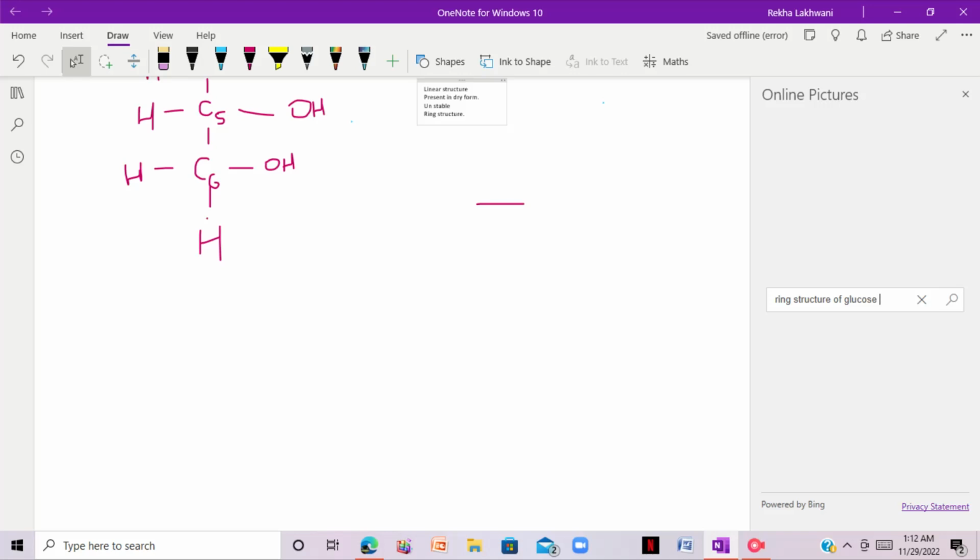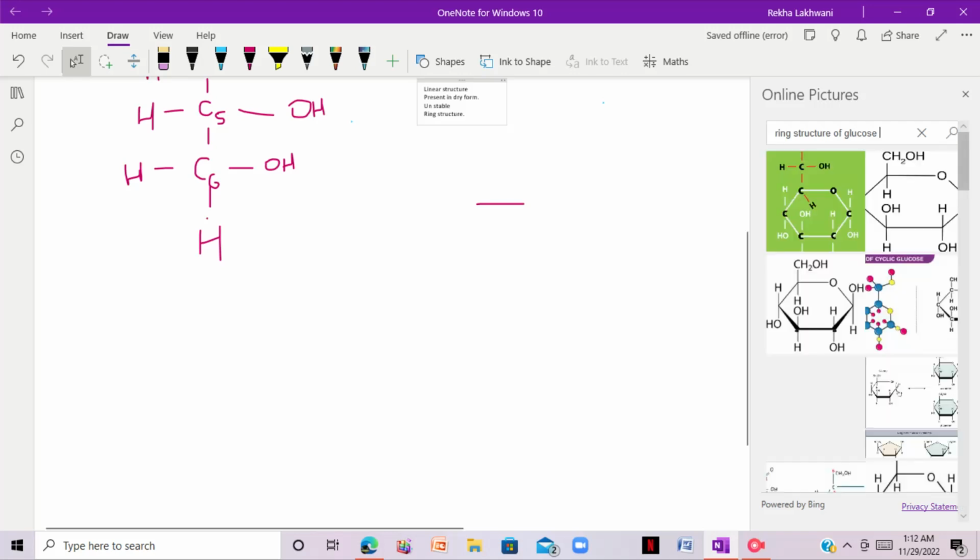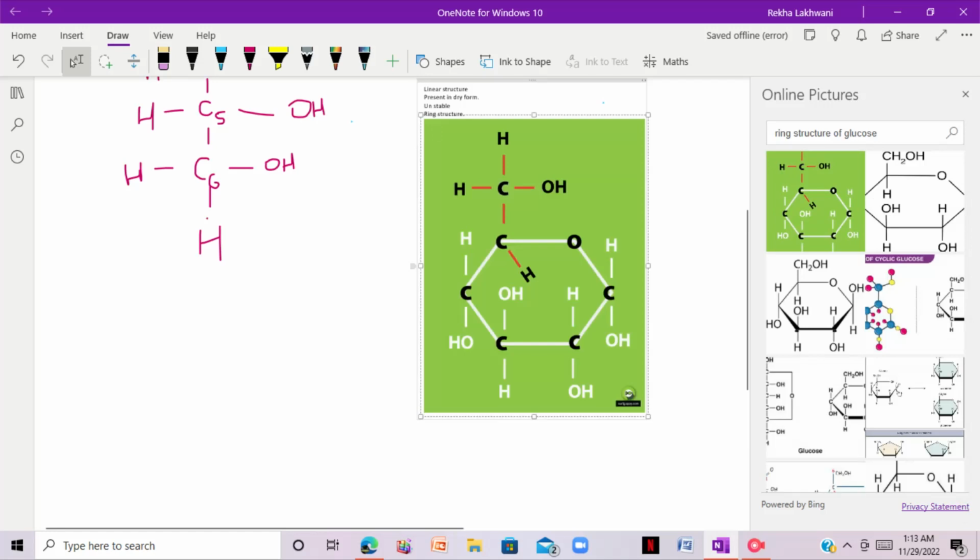So here we have the ring structure of glucose. As you can see, this is carbon number 1, this is carbon number 2, this is carbon number 3, this is carbon number 4, this is carbon number 5, and this is carbon number 6.